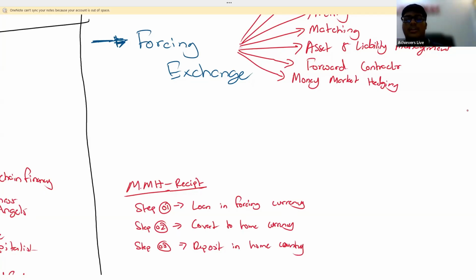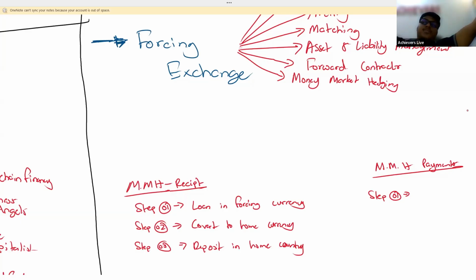Simple. Okay. So money market hedge payments. Let's look at the steps. Step one. For receipts, you all were very fast giving the answer. For payment, only a little bit you all are lost.